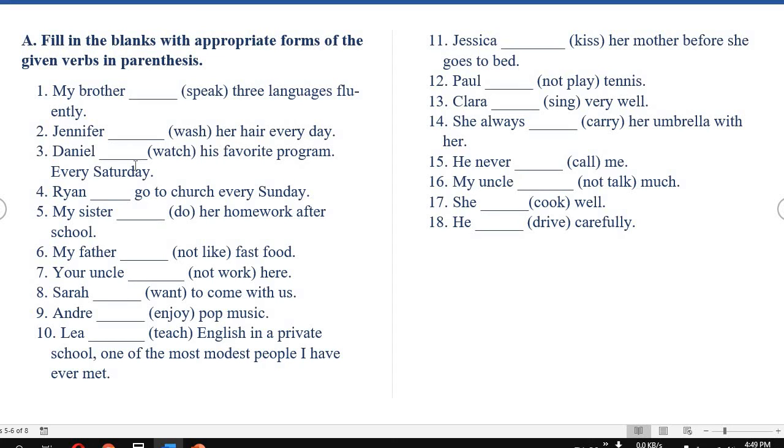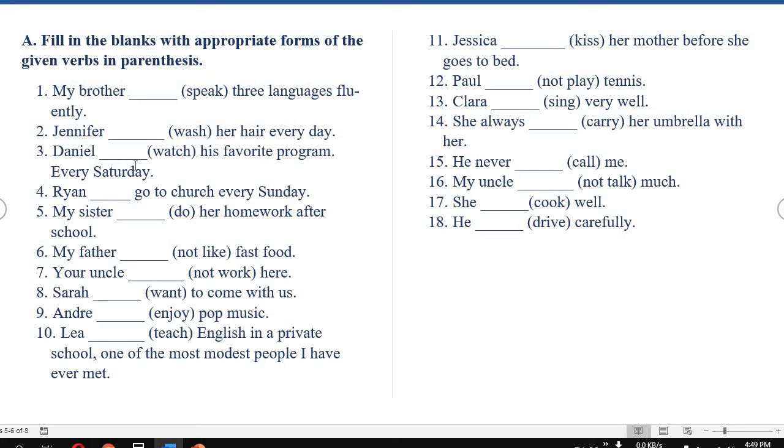And if it is third person singular number, what should the verb be? We should add s at the end of the verb, right? Because third person singular numbers add s at the end of the verb.